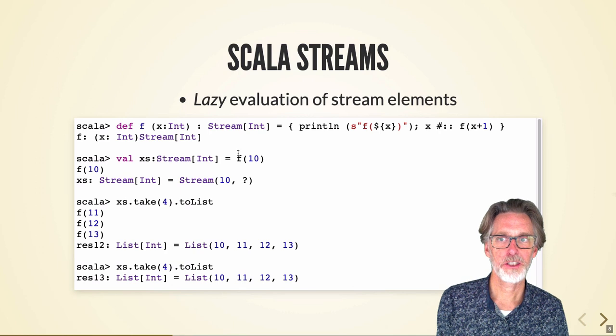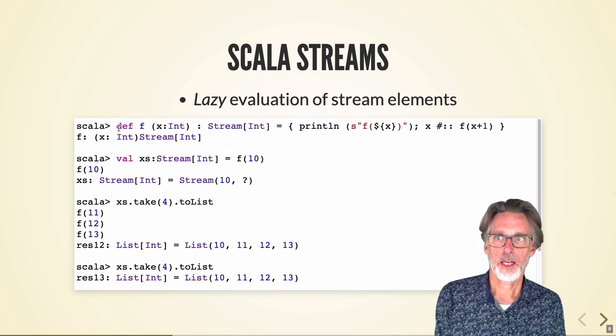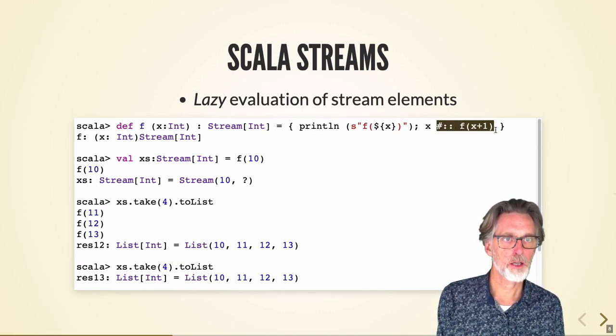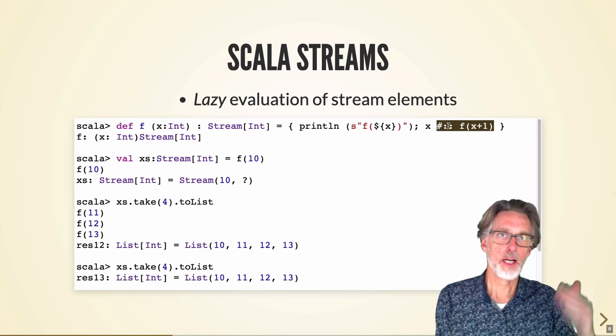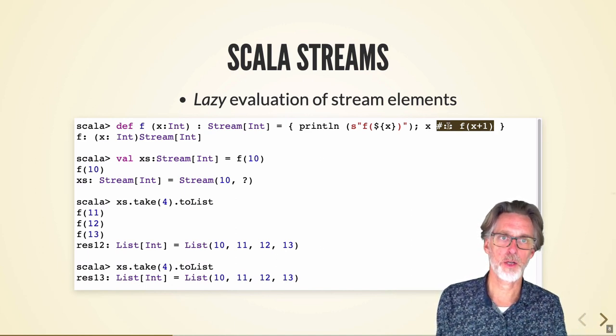You betcha. Here's a function f that takes an integer and returns a stream. What does that stream do? Well, it's the variable x in front of the result of calling the stream on x plus 1. So this is actually an increasing stream.